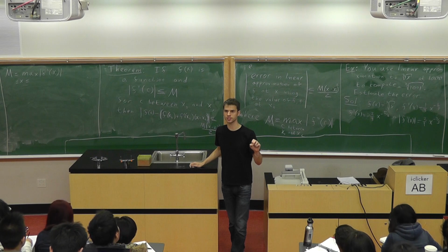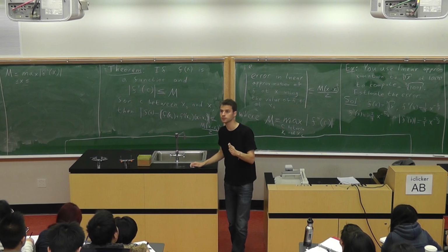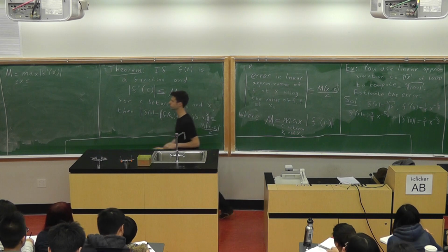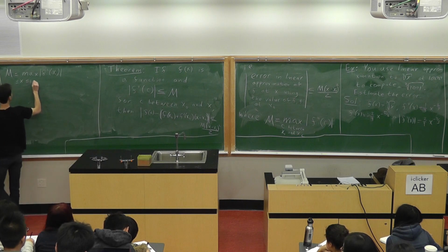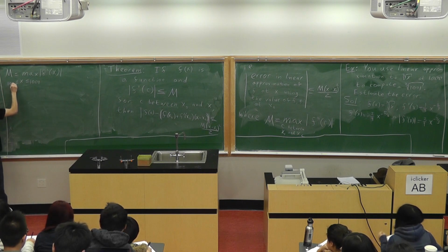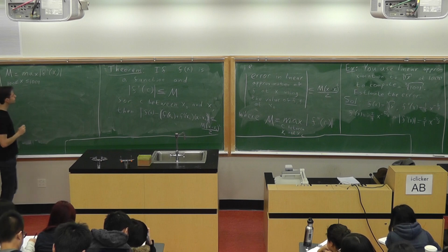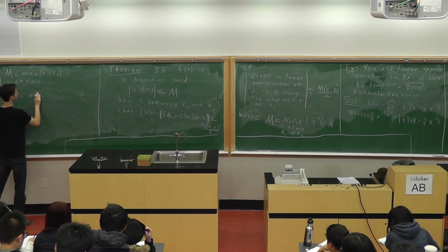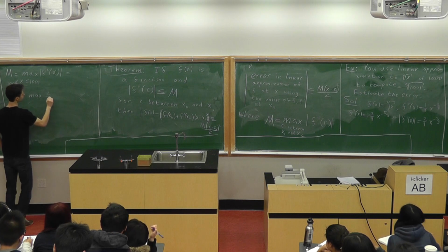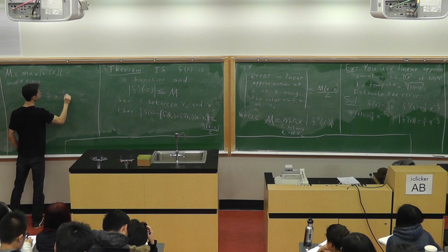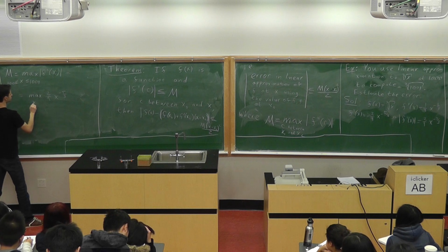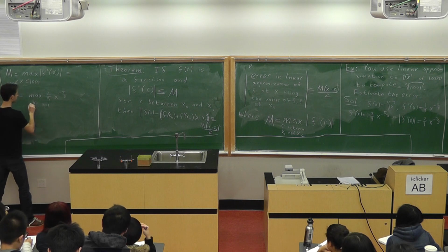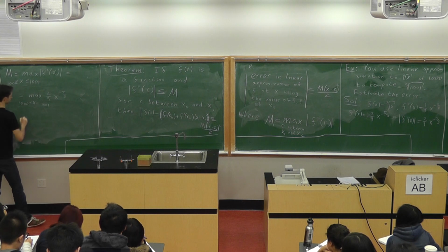So I'm only interested in x between 1000 and 1001. So I'm interested in the maximum of 2/9 x to the minus 5/3 when x is between 1001 and 1000.